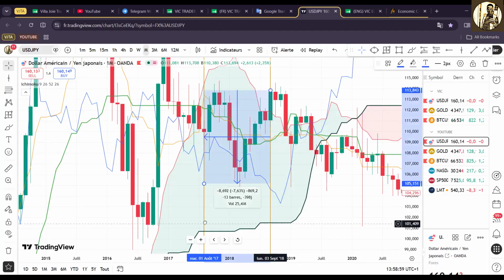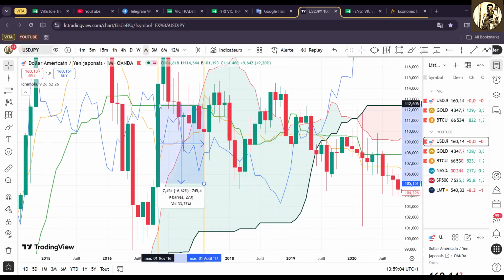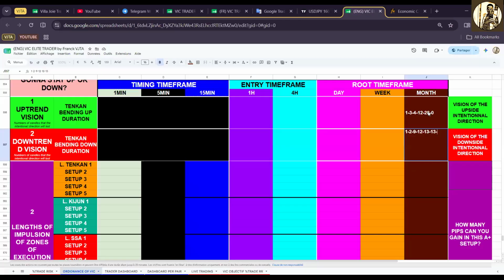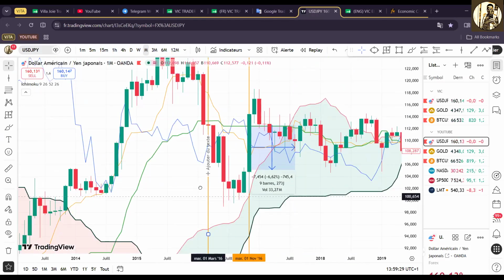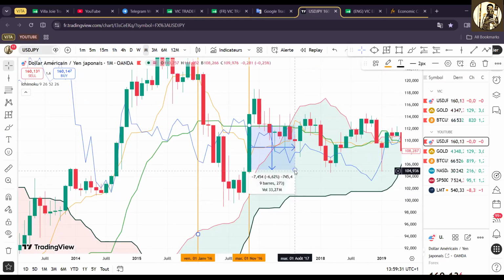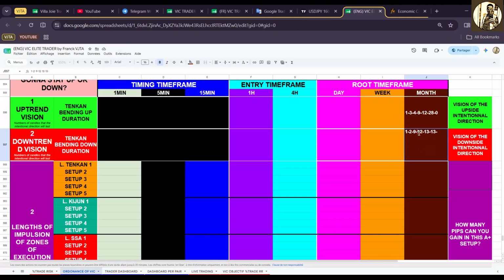And then this whole uptrend from this bar to this bar is 9 bars. So I'll write 9 here. This downtrend will be 10 bars.